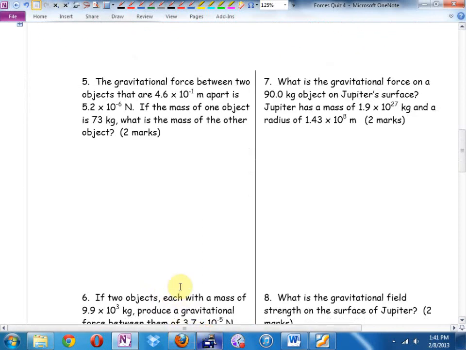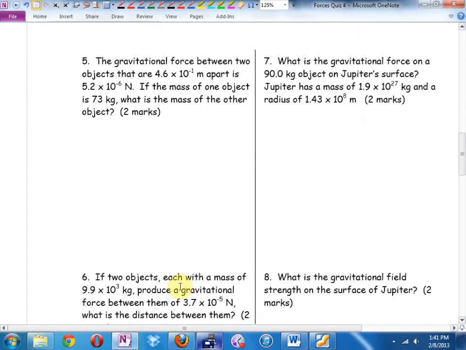The gravitational force between two objects that are that far apart is... if the mass of one object is 73, what's the mass of the other object? Okay, I think I'm still going to start out with the equation. Hey, what's this question asking me to find?